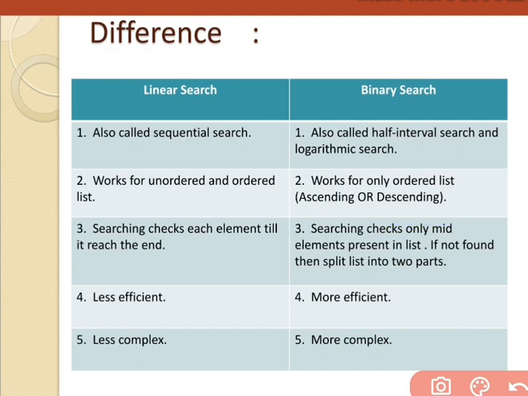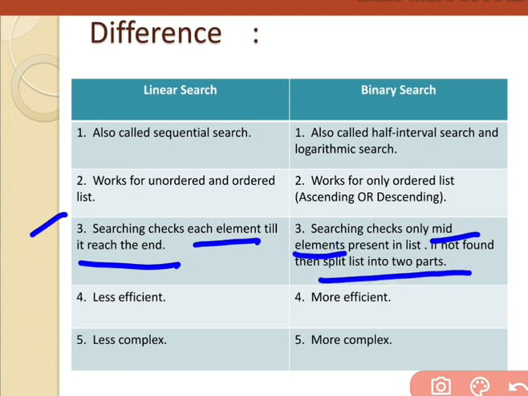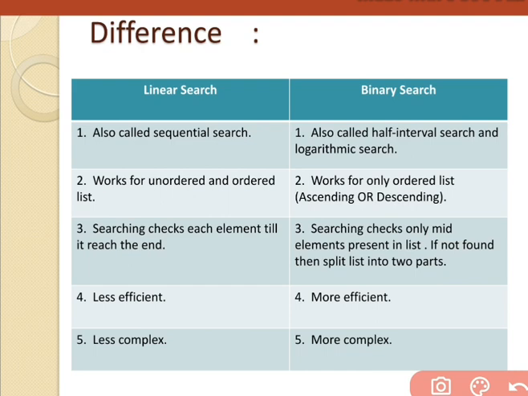Then the third one: linear search checks each element till it reaches the end. Each and every element goes for comparison. But in binary search, only the mid element goes for comparison, and the list is split into two parts till we get our element. Less efficient, more efficient. Efficiency means we get something in less number of times.